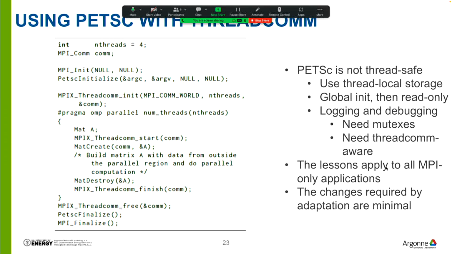And these lessons, we believe, apply to all current MPI-only applications, and you can naturally do the same thing here, and your MPI-only code will work with OpenMP, but just pay attention to your global variables. The changes required take some effort, but compared to the amount of PETSc effort, I think the extra effort to make this work is really minimal.